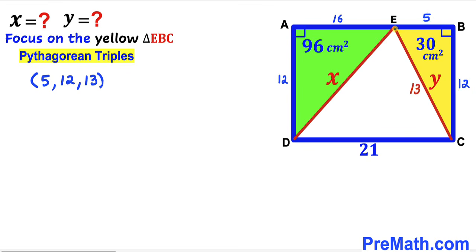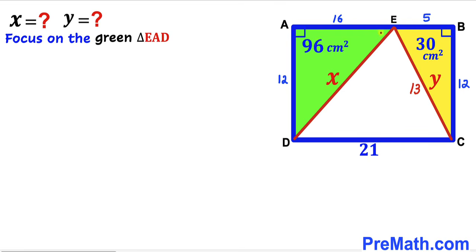Since this hypotenuse EC is represented by y, our y value turns out to be 13 cm. Now we are going to focus once again on the green shaded triangle EAD, and find the value of x as well.